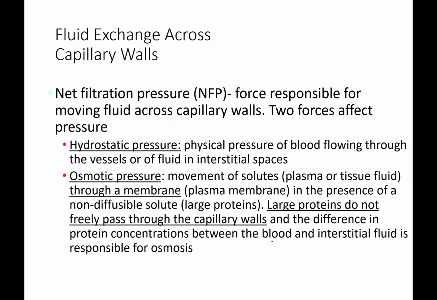This one is kind of difficult to wrap your mind around at first, so I'll do the best I can here. We have this thing called net filtration pressure. In order for things to be filtered, you have to have a pump or some pressure.